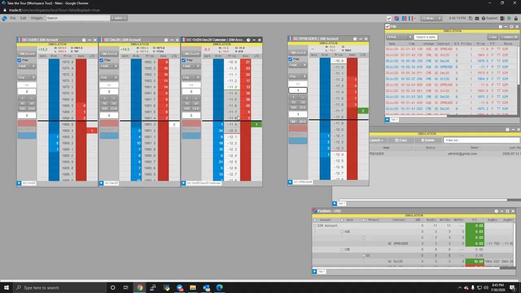And to wrap up the algo execution education, let's say I bid minus 12.1. You can notice minus 12 is bid, minus 11.9 is bid. If I bid minus 12.1, I will begin working orders to buy the October outright at a discount to the December outright by a factor of $12.10 per contract.